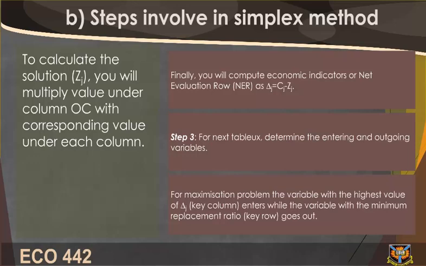Step 3. For next tables, determine the entering and outgoing variables. For a maximization problem, the variable with the highest value of triangle j, key column, enters, while the variable with the minimum replacement ratio, key row, goes out.